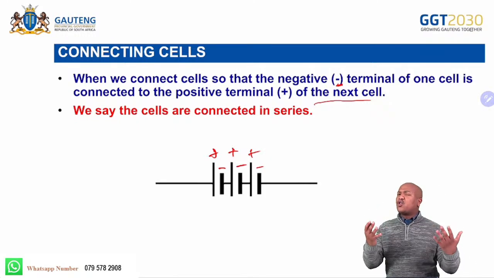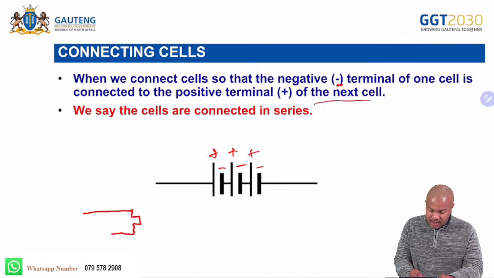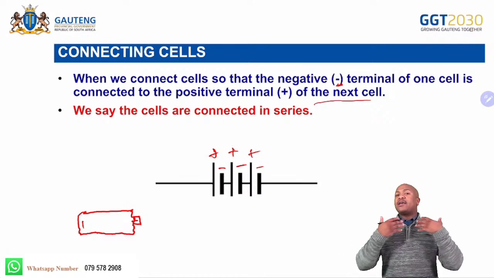Now, how does it look in the form that we are used to? So here we have a cell, positive and negative. How can we connect them in series form?